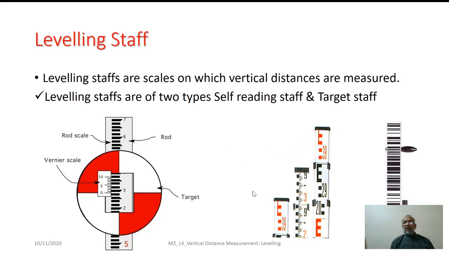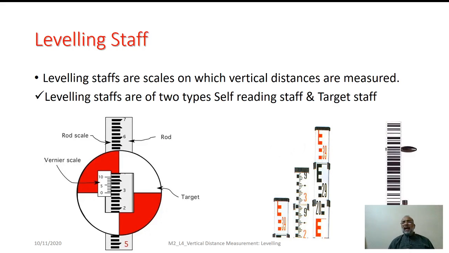Here, the ordinary telescopic staffs are provided into three scales which slide in one another telescopically. Hence, these are called telescopic staff.